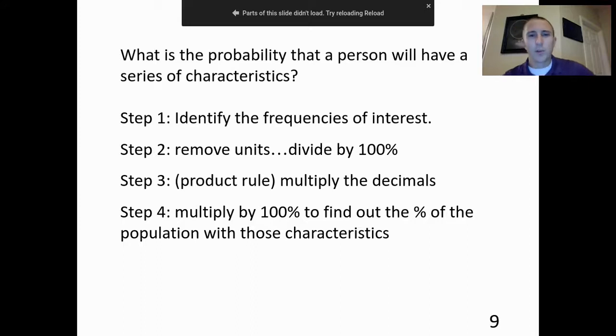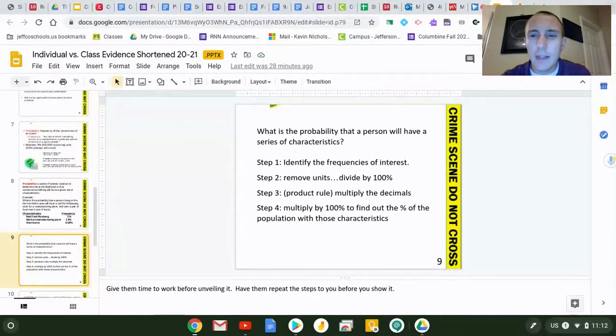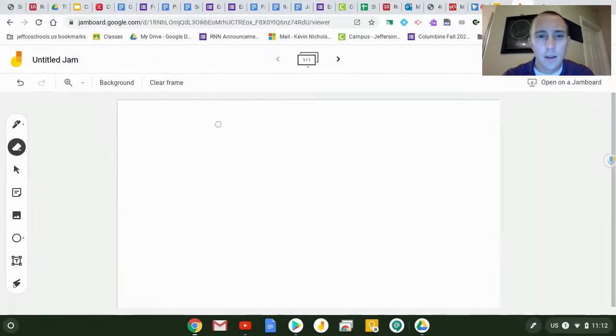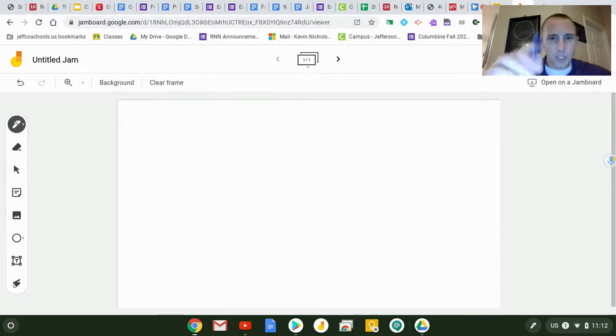So let's take a moment and look at a Jamboard, and look at this specific example here. I apologize, my screen's going to probably bounce around a little bit.